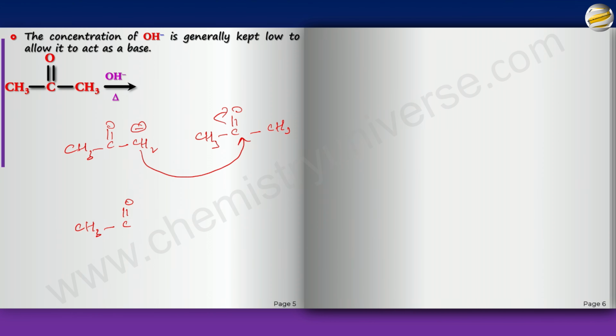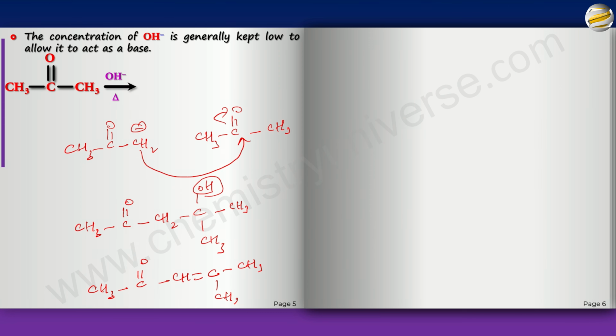You will get CH2, C, OH, and 2 CH3s here, right? That's what you'll get. And then when you remove this OH and this H, you'll get CH3, CO, CH double bond, C, and this has 2 CH3s.